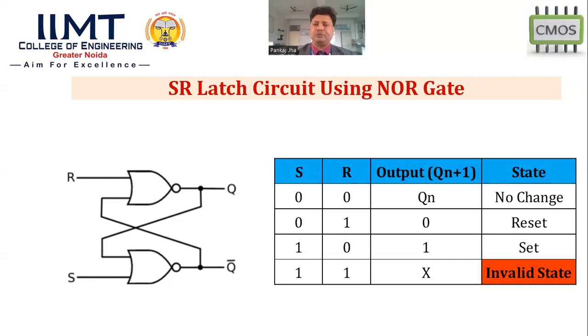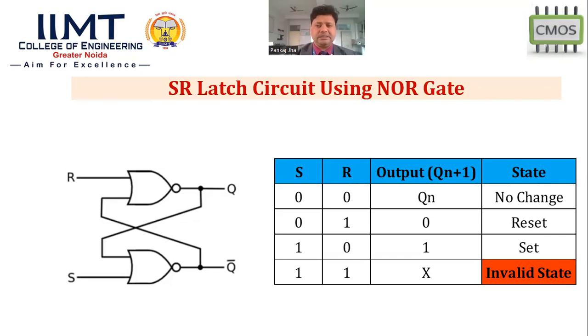That means the latch will produce the same output, whatever the last value stored in the latch. Similarly, when we apply S equals 0, R equals 1, it will reset the latch and we will get 0 output. And when we apply S equals 1 and R equals 0, the latch will be in set condition, and for 1 1 it will be in invalid condition.